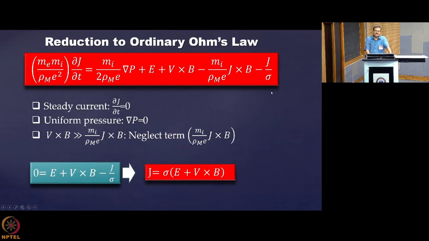Those cases we need to consider case by case, but these are generally the forms of Ohm's law that you can find in case of plasma. So this is the general one, and under certain cases you can reduce it to the conventional form of Ohm's law.